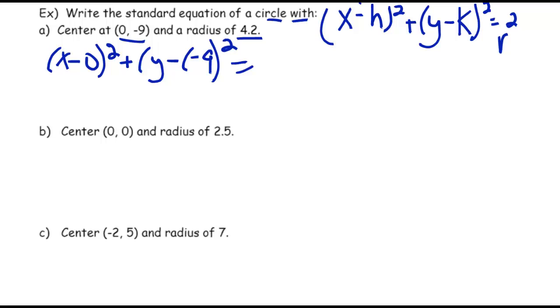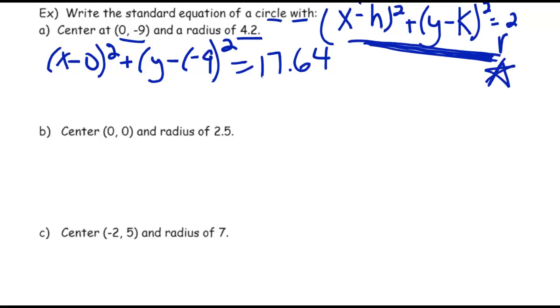And if you square 4.2, you get 17.64. So this is really the form of the equation, the x minus h squared plus y minus k squared equals radius squared. This is really the good form of the equation to learn. Because if I'm at 0, 0, and I plug 0 in, take a look at this first part right here. If I plug 0 in, don't I just get x minus 0, which is x squared?